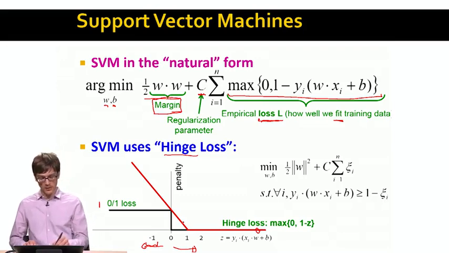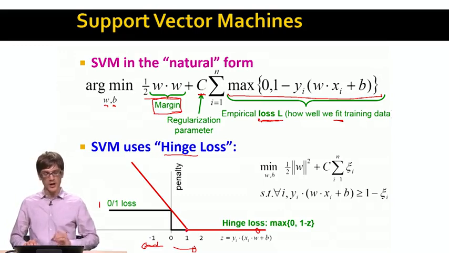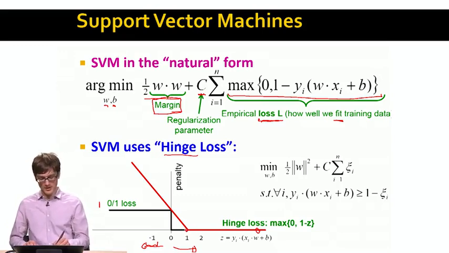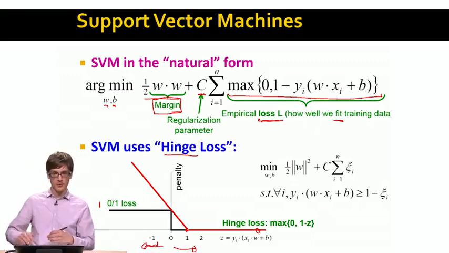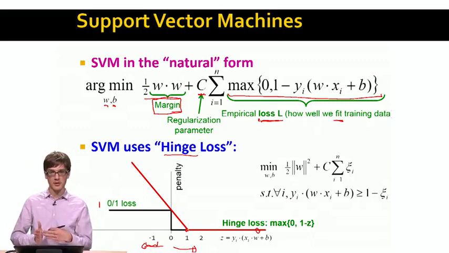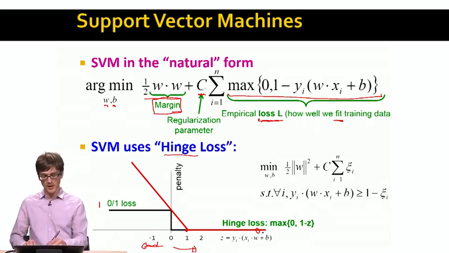The reason we call it a hinge loss is that there is this hinge at 1, which basically means if we are classifying the point correctly and the point is away from the decision boundary by at least a value of 1, then we obtain a cost or loss of 0.